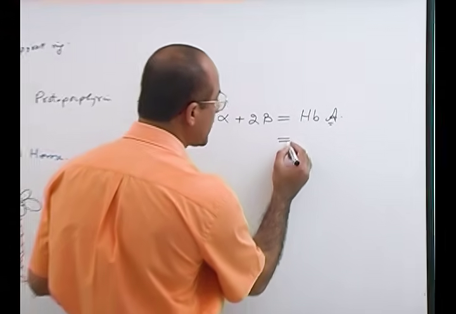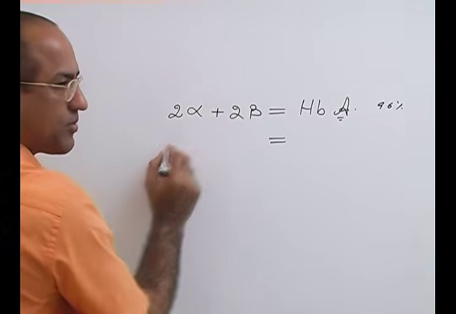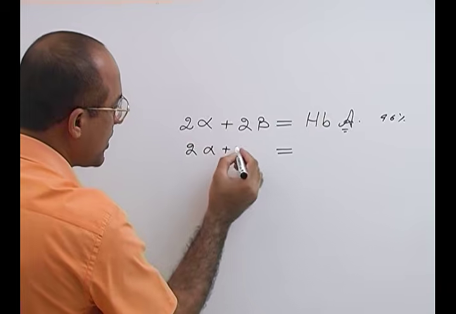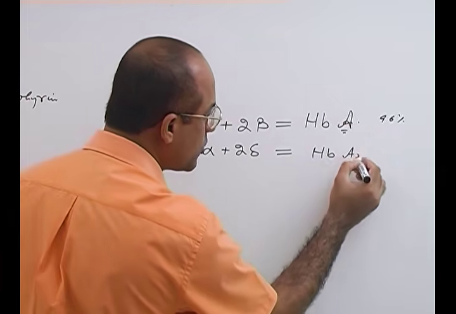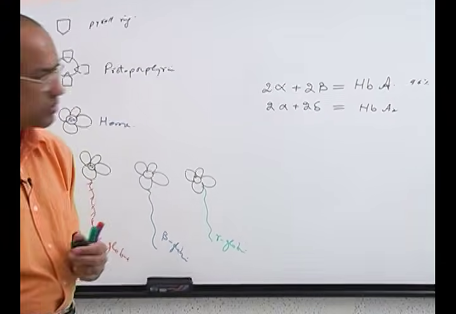In adults, 96% of the hemoglobin is of this configuration. About 2 to 3% of hemoglobin is two alpha chains plus two delta chains. That is called hemoglobin A2.